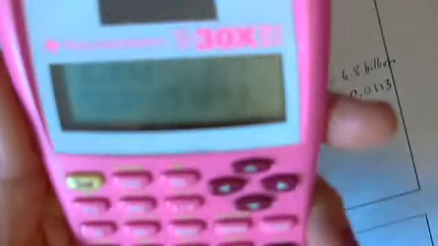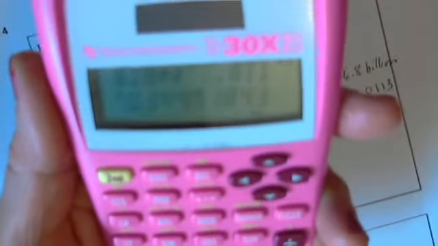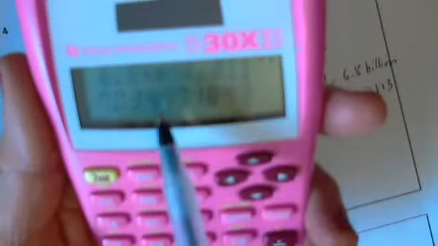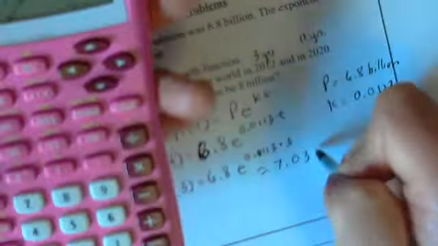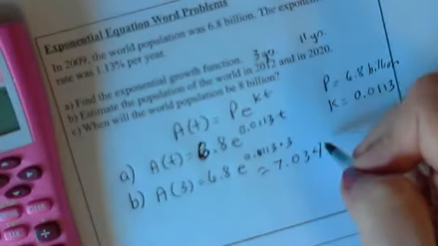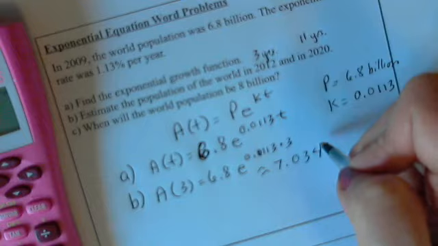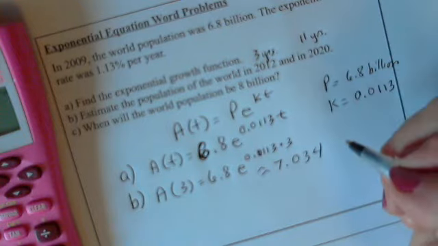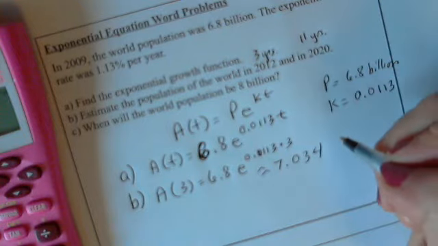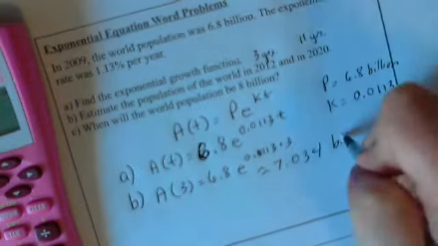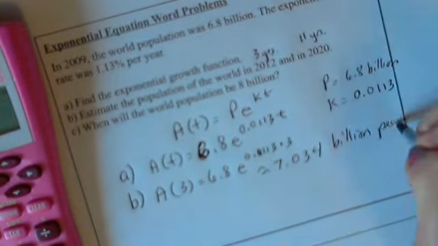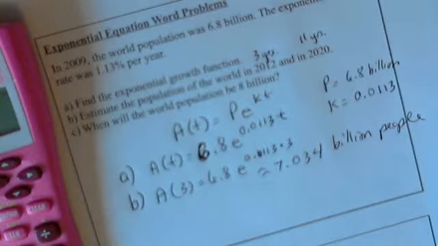Close your parentheses, and I get about 7.034. Now remember, this was in billions. So our population will be about 7.03447, etc. billion people. So always label your answers.